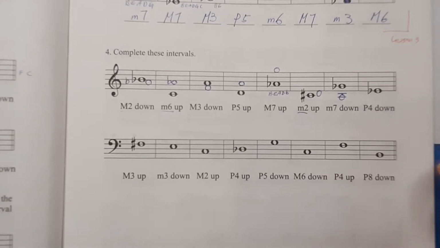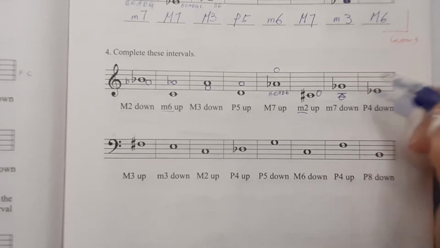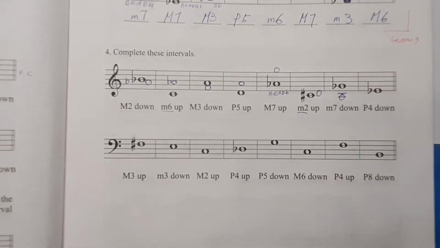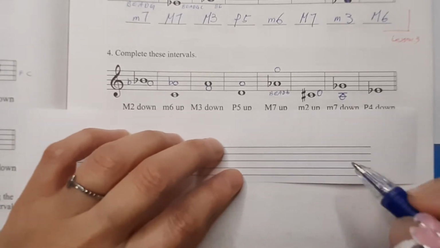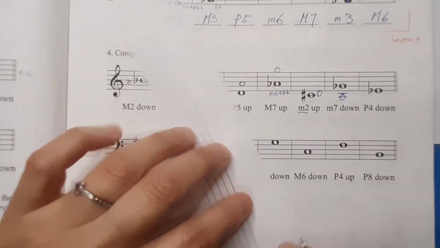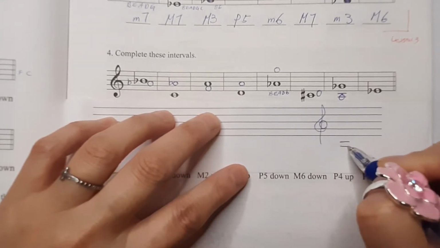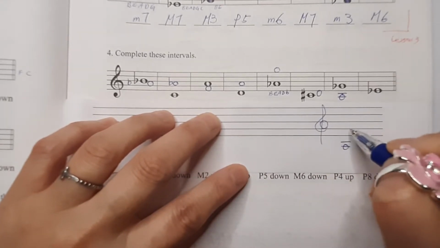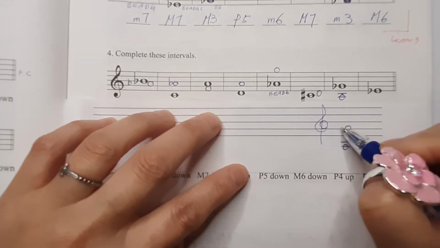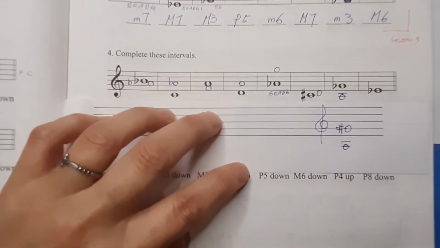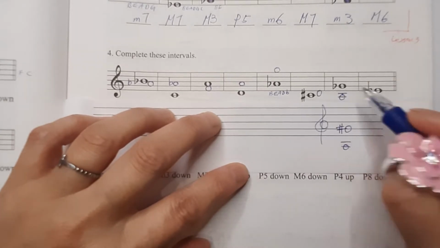Wow, this is kind of tricky. Look, we're supposed to have, let me show you. We're supposed to have, with the treble clef, A, in the key of A, we're supposed to have G sharp, right? But it's G flat this time.